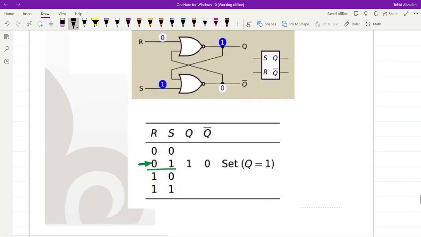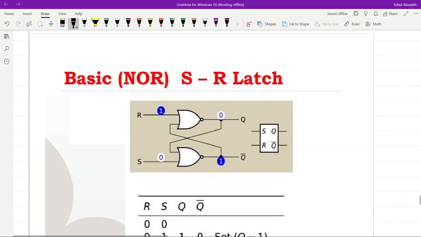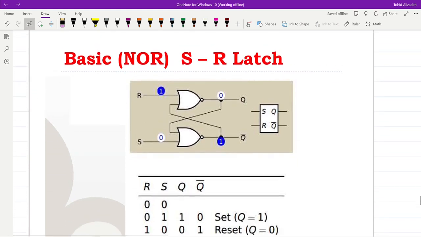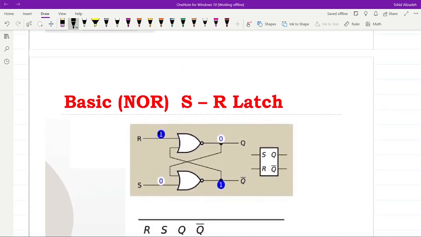Let me switch to the corresponding slide. So here we have 1 for R and 0 for S. In the past, we had some value for Q and Q bar, but we will see that this time it doesn't matter whatever value we had. As one input to the first NOR is equal to 1, regardless of the other value, the output will be equal to 0.